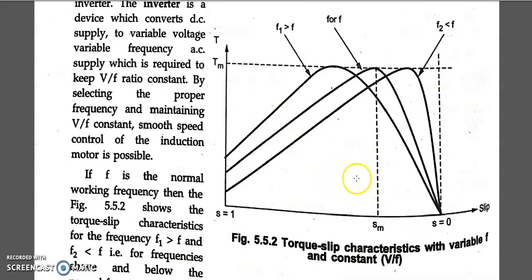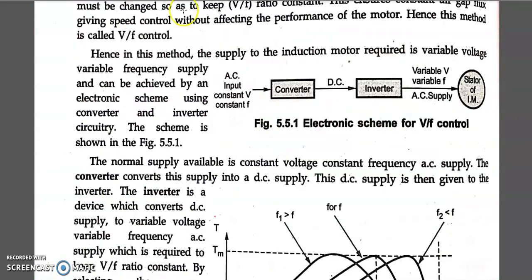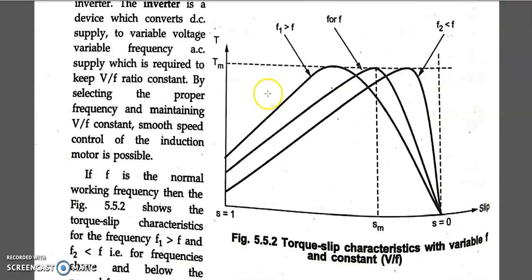So the maximum slip changes its value, but you can see the maximum torque always remains constant irrespective of whether you change the frequency or not. The other disadvantage is you have to bring in this individual scheme for your motor so as to control the speed of the induction motor.